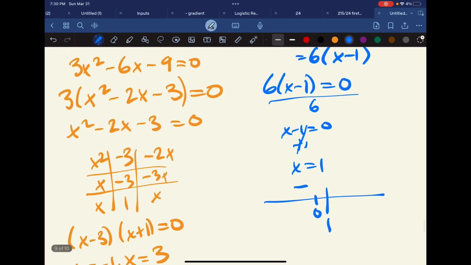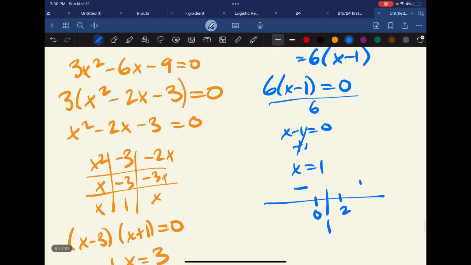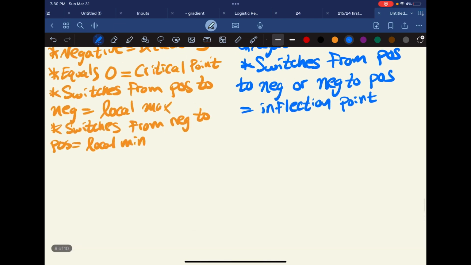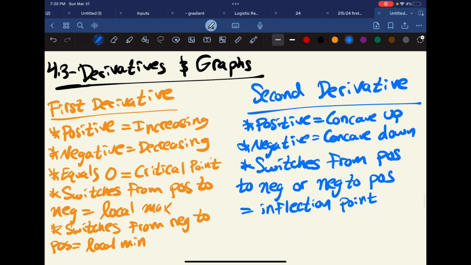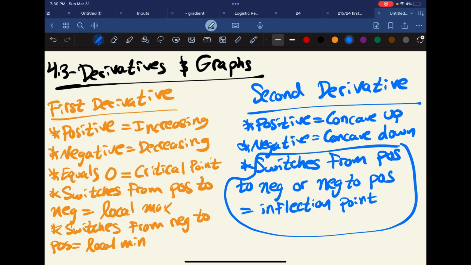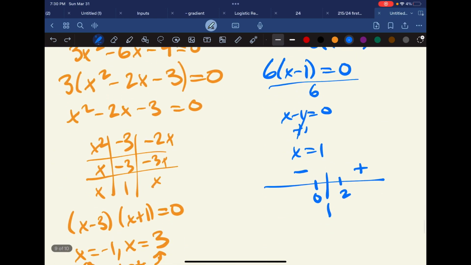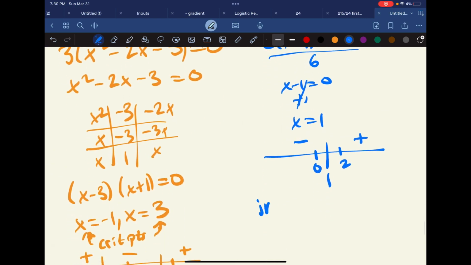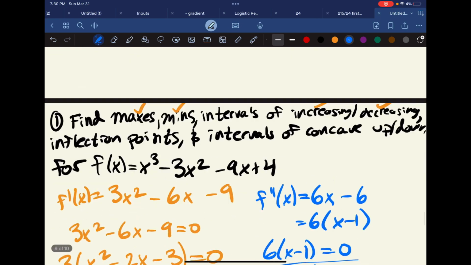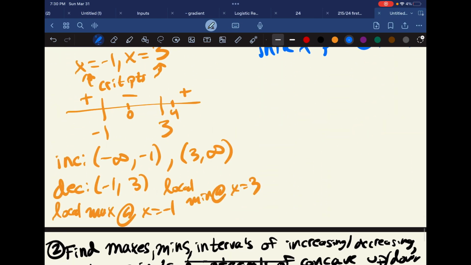And then if we plug in, say, 2, that's going to be 6 times 1, which is positive. So that's going from negative to a positive. And if we remember, when we switch from positive to negative or negative to positive, we have an inflection point. So we have an inflection point at x equals 1.